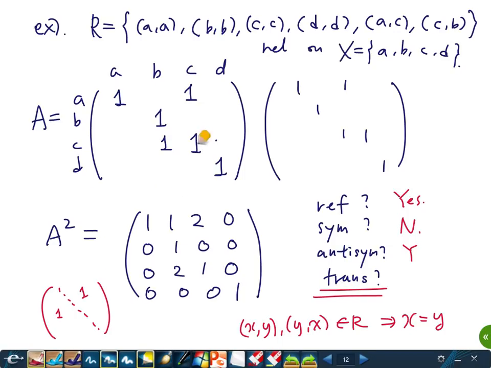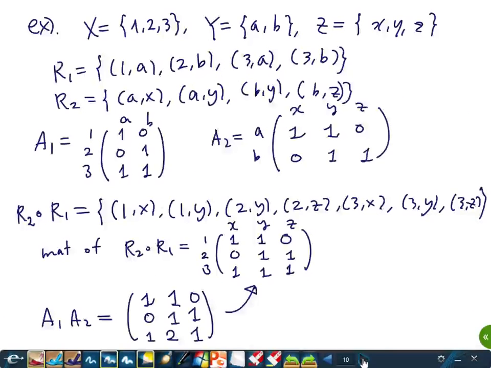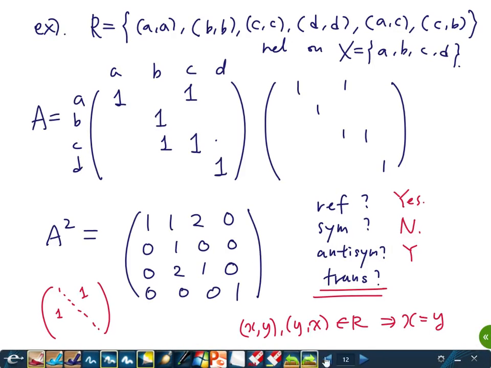You compare non-zero entries of A squared and A. Actually, there is a theorem or corollary of the previous theorem. We have a theorem over here, and the corollary is the following. Let me write down the corollary and then get back to this example again. The corollary is this.